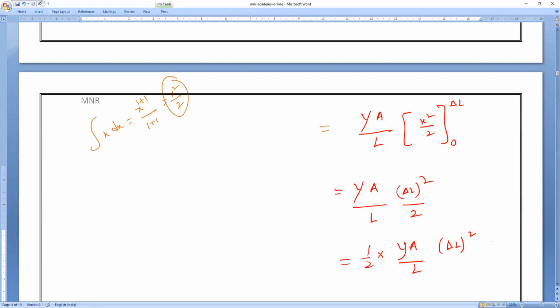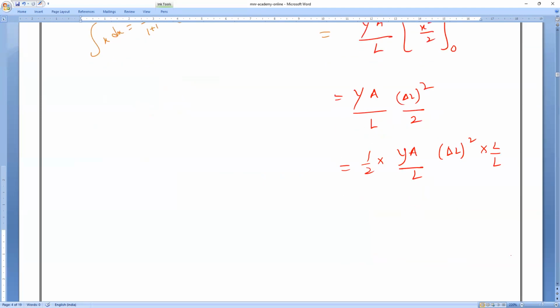Now you can see, both numerator and denominator I will multiply with L and L. Why I am multiplying, you will understand. So I will write this half separately.